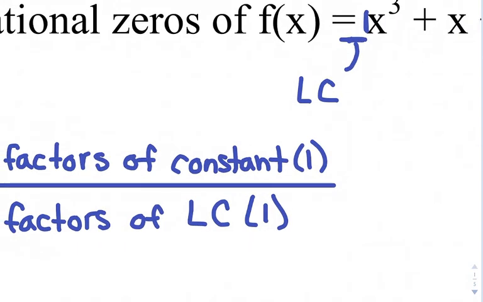So if I think about my factors of my constant, the only two numbers that multiply to 1 are 1 and 1. So you can also do positive and negative. So all your factors can be positive or negative. So on the top I'm going to put plus or minus 1. And then on the bottom for the factors of your leading coefficient is 1. So that's also plus or minus 1.